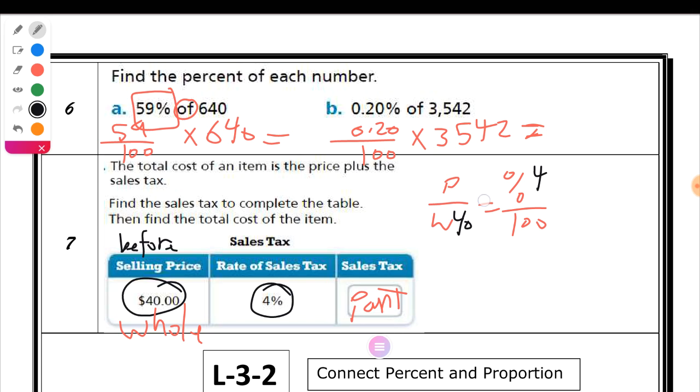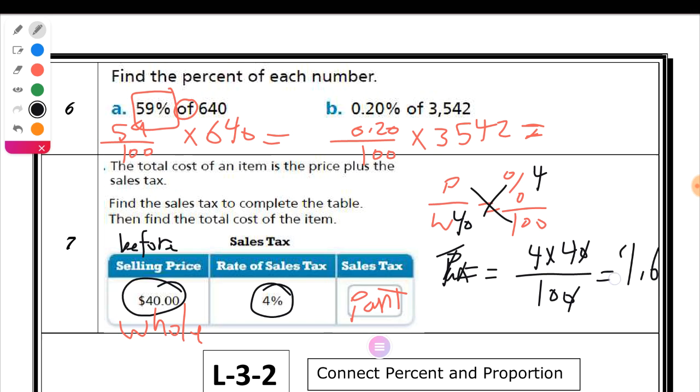Then I need to find the part, so make cross multiplication. So P, or tax, actually sales tax, should equal: down 100, up 4 multiplied by 40, which equals 1.6 US dollars.